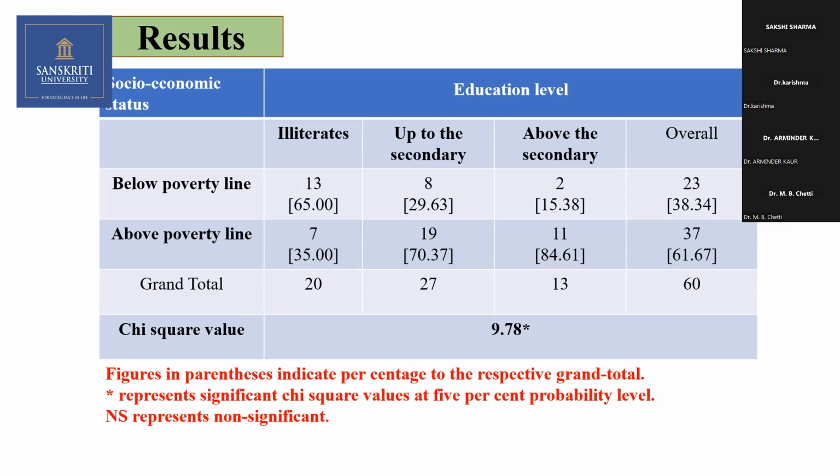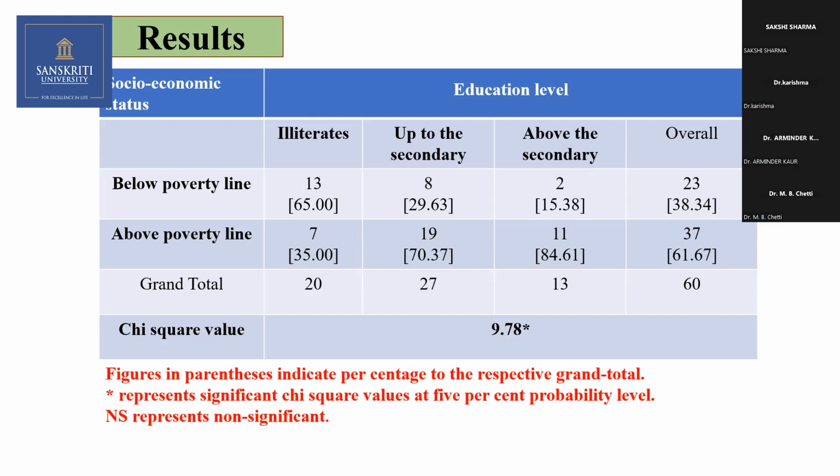Actually, row minus 1 into column minus 1 is the degrees of freedom. So at 2 degrees of freedom, the table value is 7.89 or so. That's the reason it is significant at 5%. Now, if you see the above secondary, out of 13, 11 people are above poverty line.